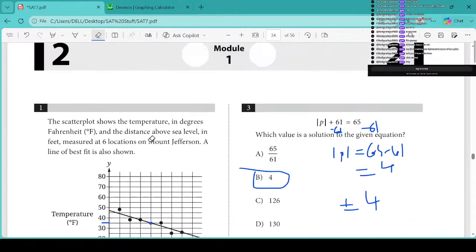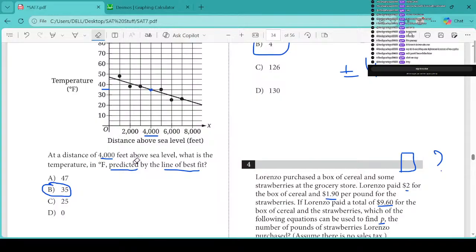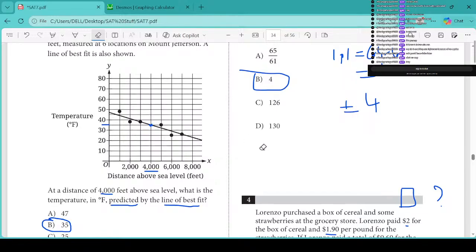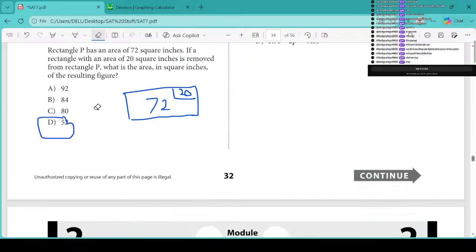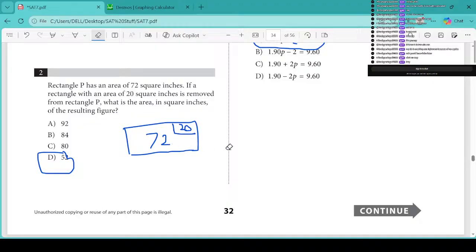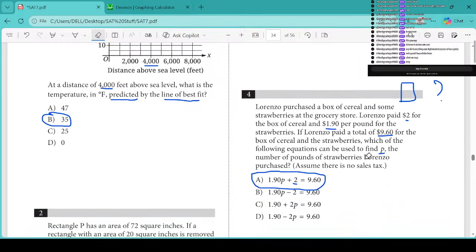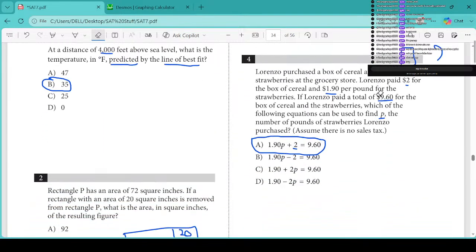Alright, let's just go over Module 1 again. Yeah, this is the point. Just reading a graph. This is just testing your basic subtraction, basic algebra. Yeah, turning a very interesting story into an equation.